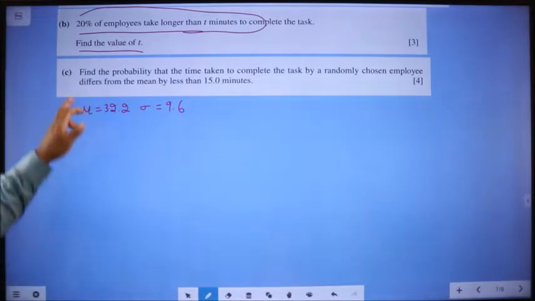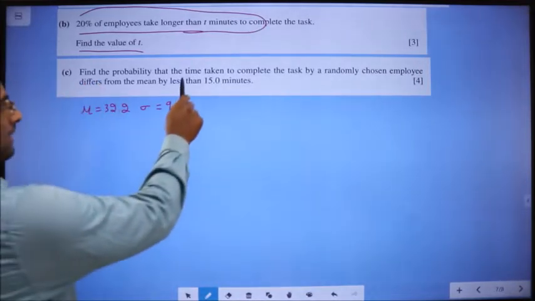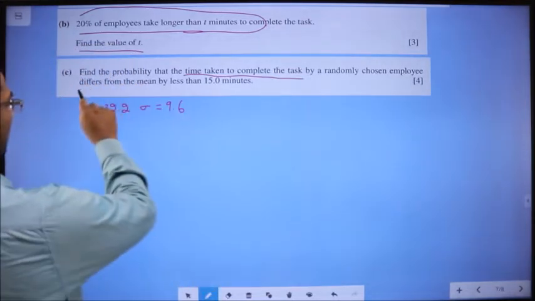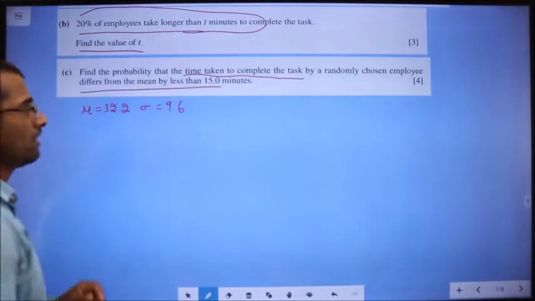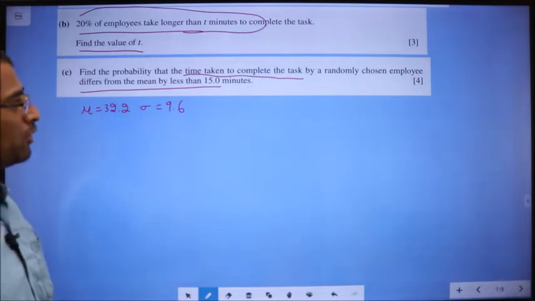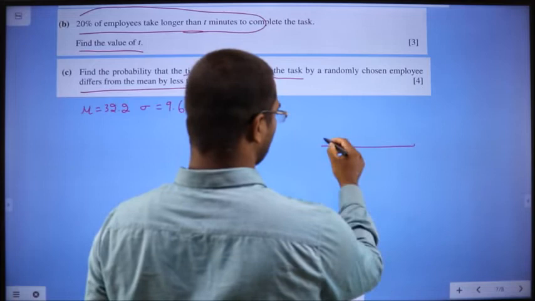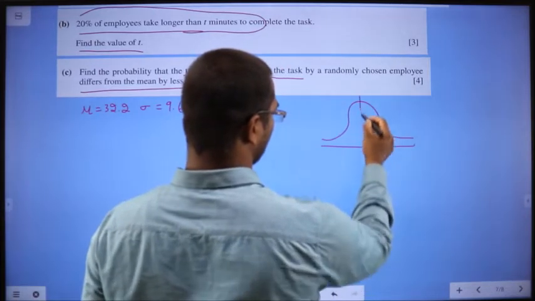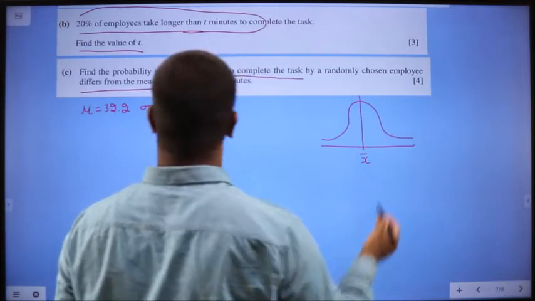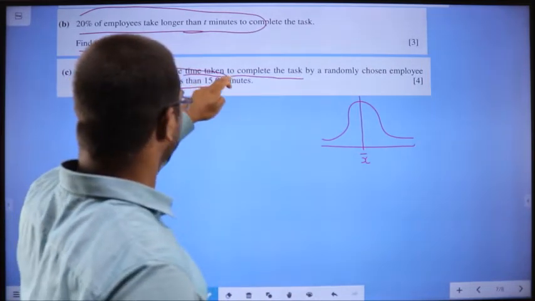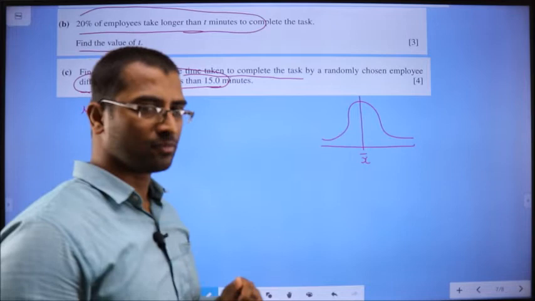C1. Find the probability that the time taken to complete the task by a randomly chosen employee differs from the mean by less than 15.0 minutes. If you look at the normal distribution curve, here is the mean, it should differ by 15 minutes.